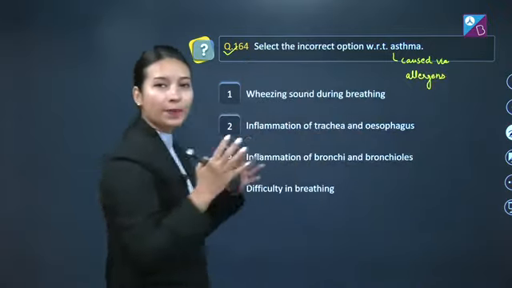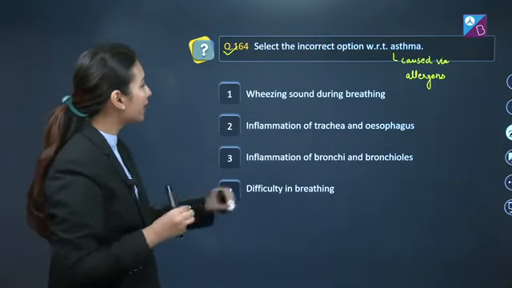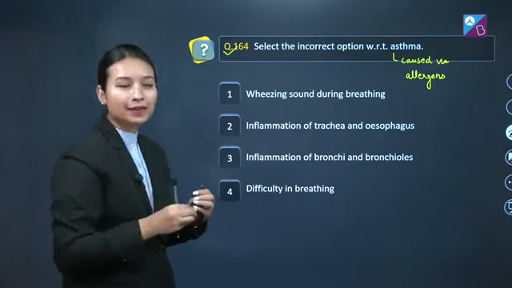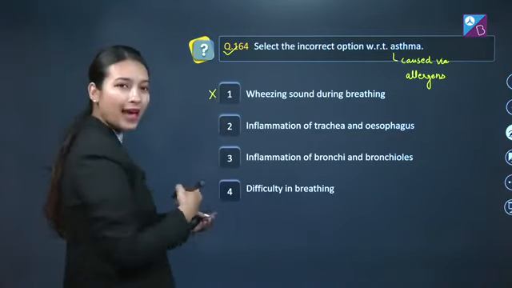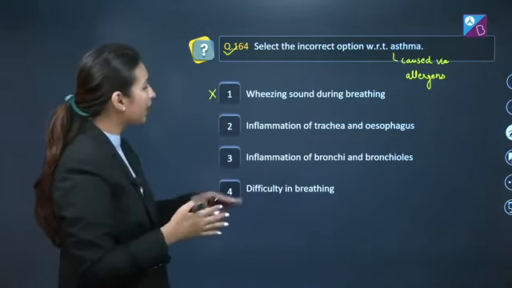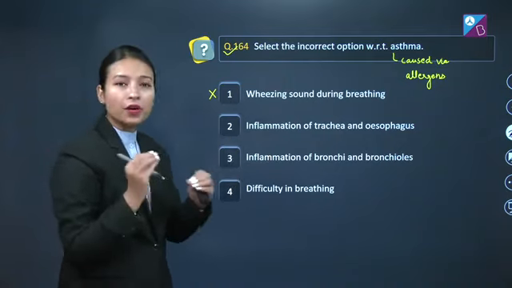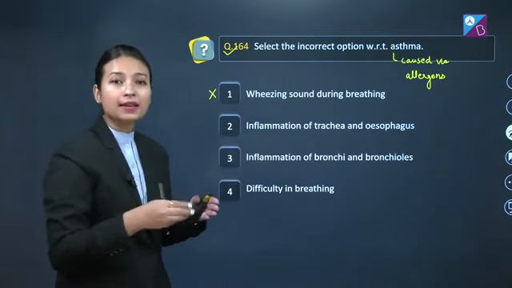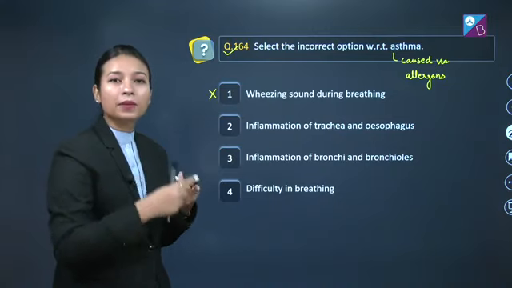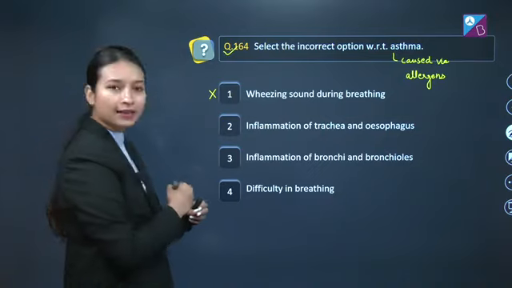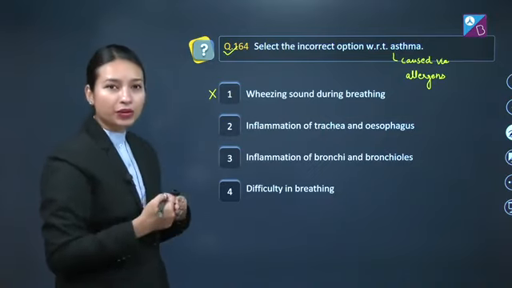So options देखते हैं. पहला option है यहाँ पे wheezing sound during breathing. Now this is observed in asthma, so that's why this cannot be our answer. Option number 2 यहाँ पे है inflammation of trachea and esophagus. Now this is not observed in asthma, as in asthma there is seen inflammation in bronchioles and bronchi. So this should be our answer, but let's see the other options also.